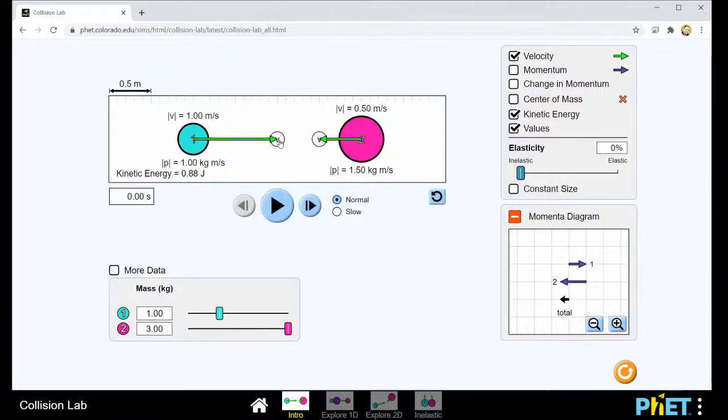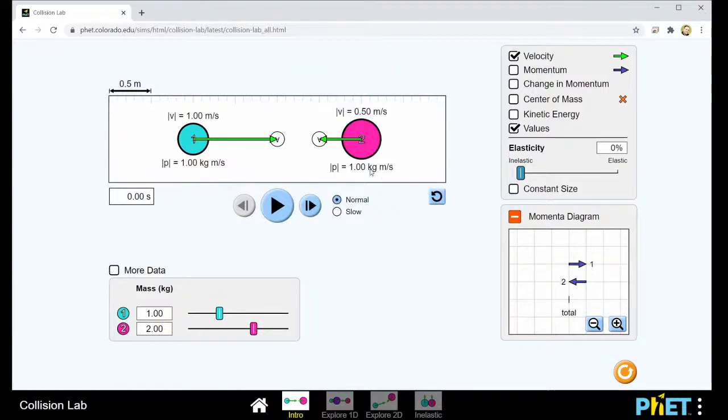Okay, so I'll set things up where mass 2 is twice as massive. Mass and velocity play off one another in the case of momentum. They have twice the mass, but half the velocity.